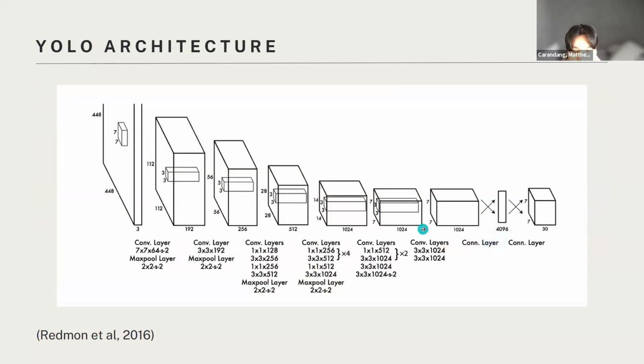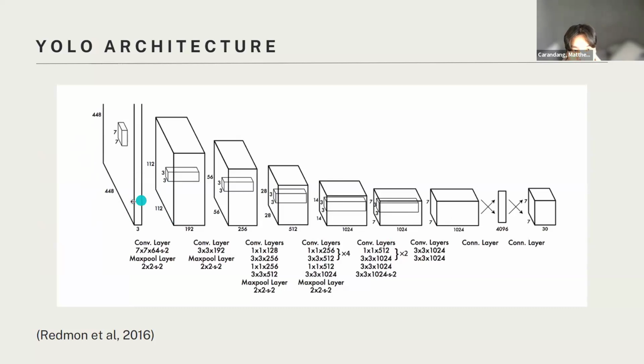So here is the original YOLO architecture. I believe this is the first YOLO architecture, YOLO V1. It might look complex, but the important thing to notice is that this is a single continuous network. From left to right, the leftmost box would be the input of the image, a 448 by 448 image.